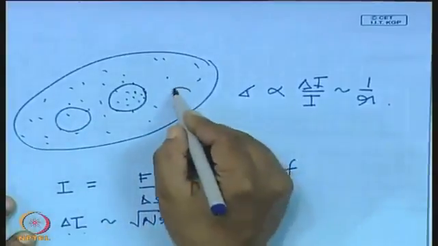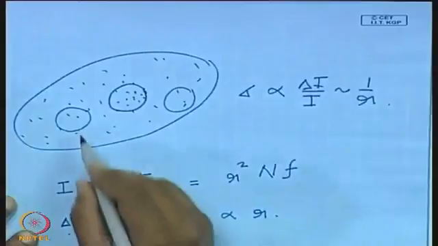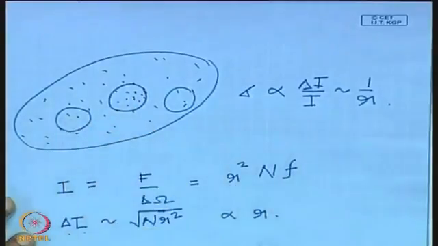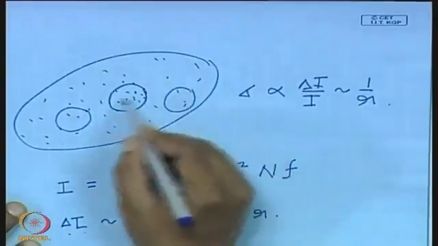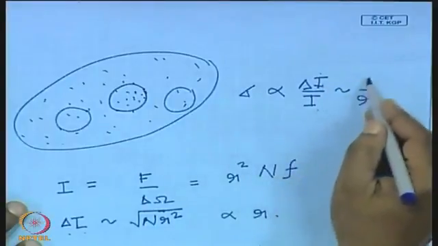If I put another same area here, the number will have fluctuations. These fluctuations are there because the stars are discrete. Okay, this is the Poisson fluctuation, and the standard deviation of this is proportional to the square root of the number. So, the fractional fluctuation is proportional to 1 by r.